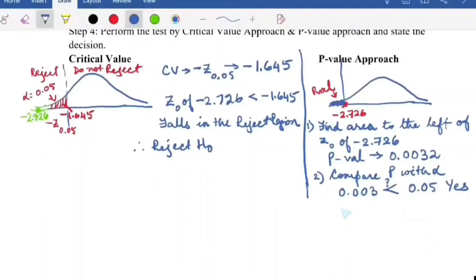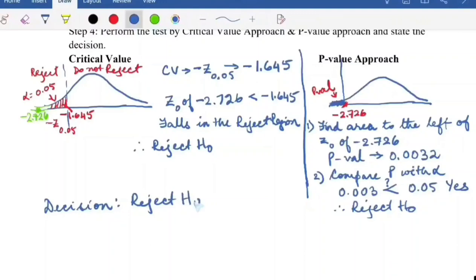Yes, therefore reject null hypothesis. Again, using both our approaches, we come to the same result, same decision. So the decision is going to be, that step 5 is going to be reject null hypothesis.